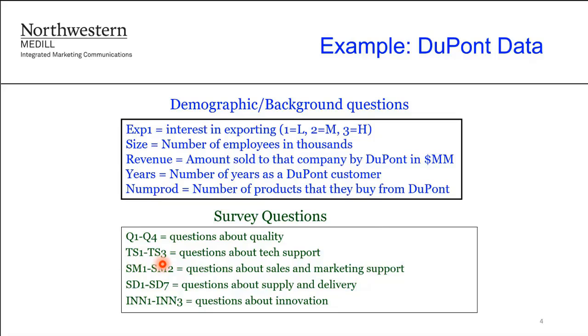TS1 through TS3 are questions about technical support. SM1 and SM2 are questions about sales and marketing support. SD1 through SD7 are questions about supply and delivery. And INN1 through INN3 are questions about motivation.